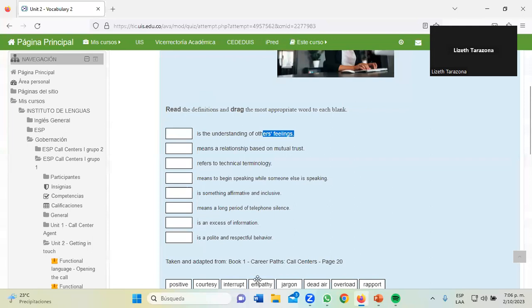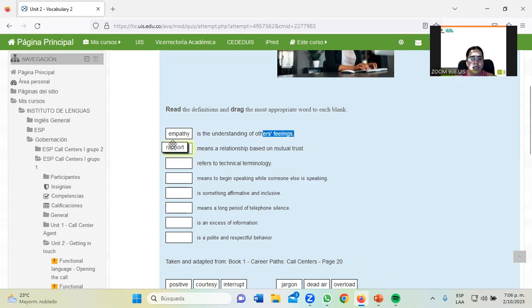Empathy is the understanding of others' feelings. Yes, empathy is the understanding of others' feelings. Good. Andres, can you read the second one, please? Okay, teacher. Rapport means a relationship based on mutual trust. Yes, we say rapport. Rapport means a relationship based on mutual trust.